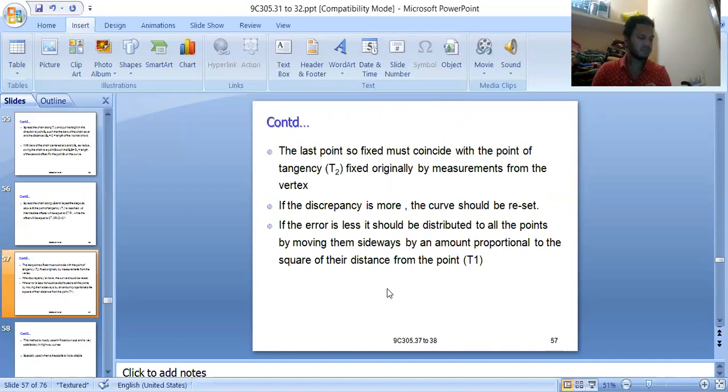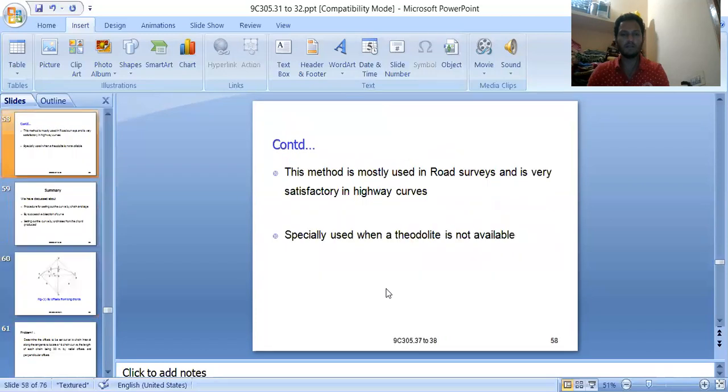If the discrepancy is more, the curve should be reset. If the error is less, it should be distributed to all the points by moving them sideways by an amount proportional to the square of their distance from the point T1. This method is mostly used in road surveys and it is very satisfactory in highway curves, especially when a theodolite is not available.